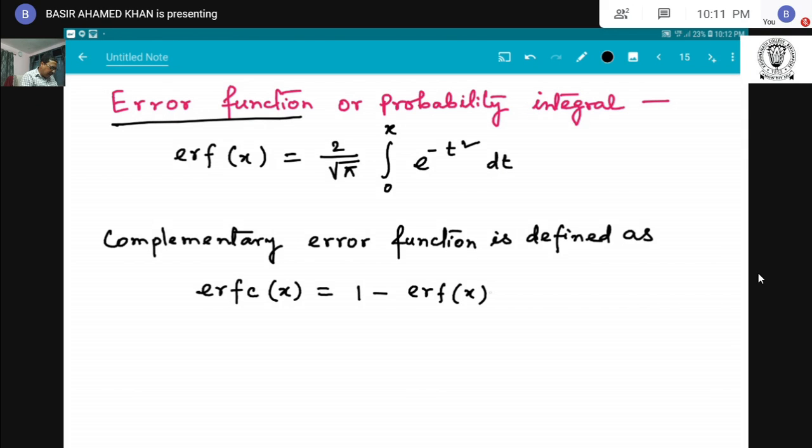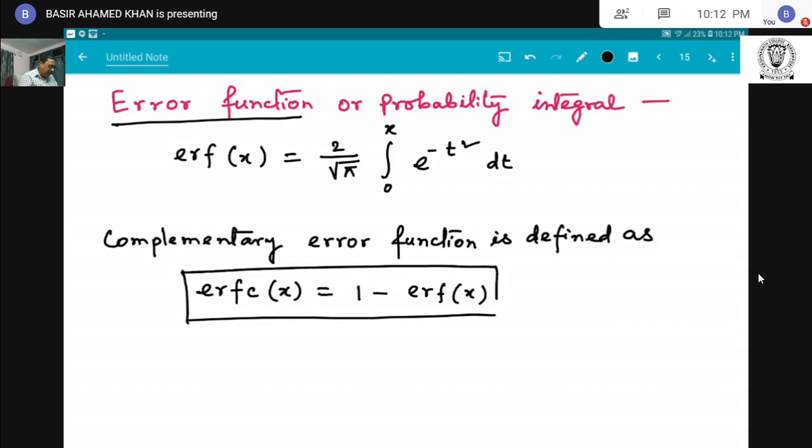This is the definition of complementary error function.